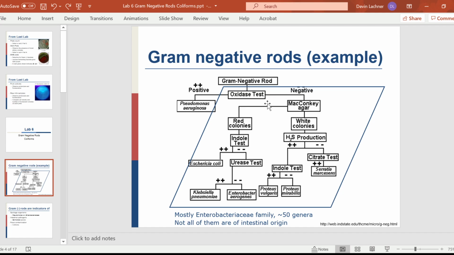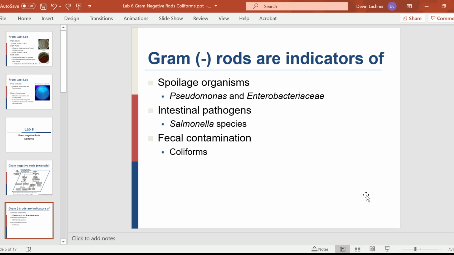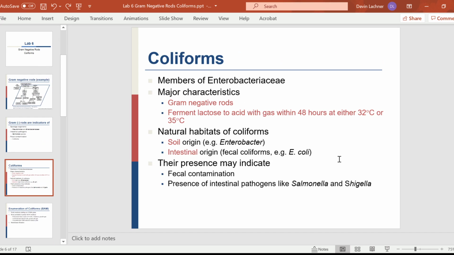So for gram-negative rods, last week we talked about the psychrotrophs, which are over here, positive oxidase test. Now, what we're going to be talking about is mostly the Enterobacteriaceae family, which is approximately 50 genera, but not all of them are going to be of intestinal origin, as we'll see in a second. So, gram-negative rods are indicators of spoilage organisms, intestinal pathogens, and then also fecal contaminants, which are going to be coliforms.